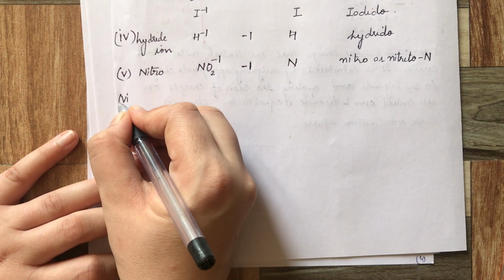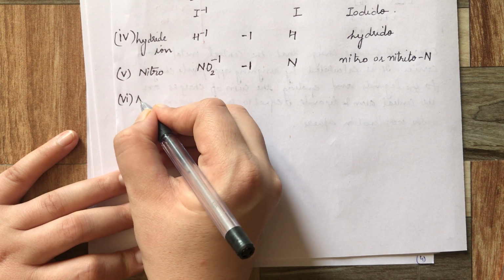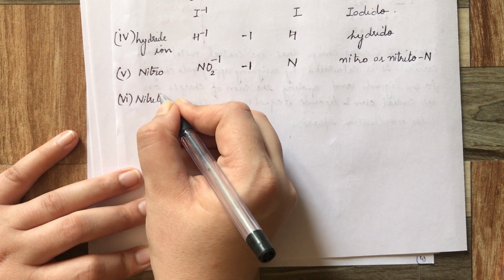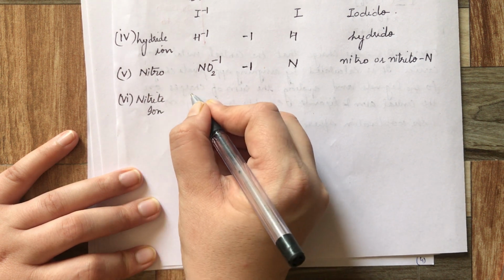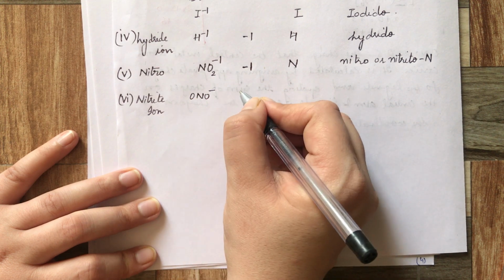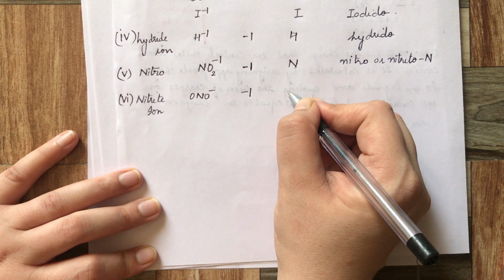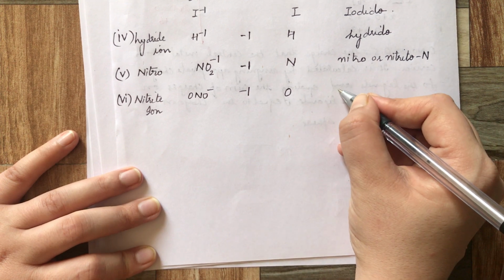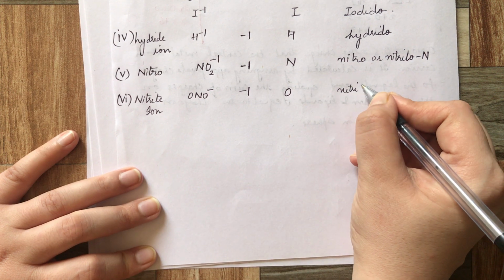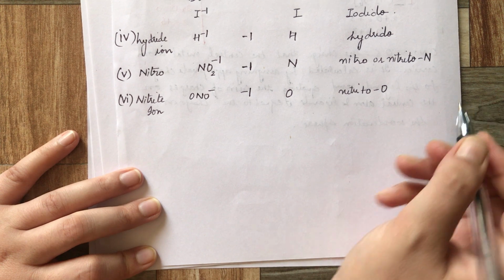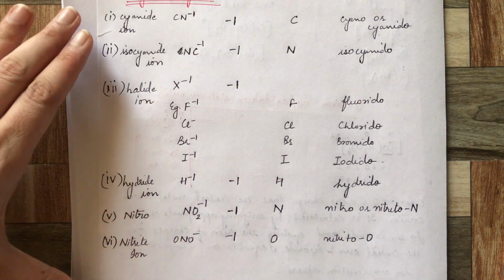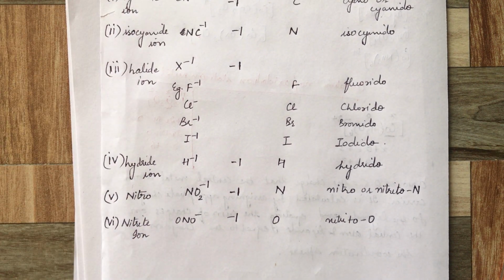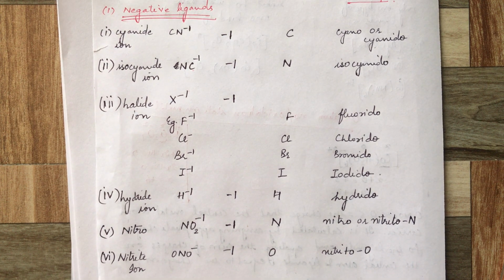Then we have the nitrite ion, which is ONO negative. Here the charge is -1. The donor atom is oxygen, and it is nitrito-O. This is how we are going to discuss the ligands in tabular form, right?